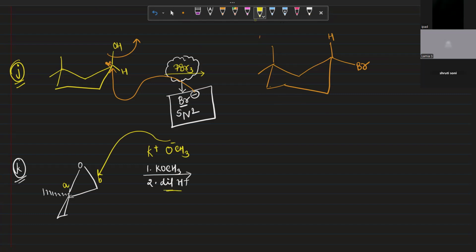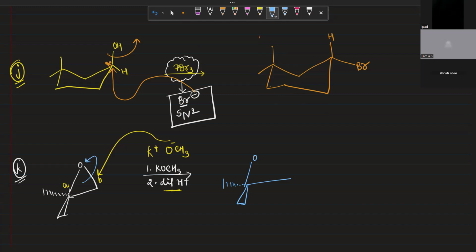But there is a dilute H positive condition. So this is an acidic medium condition, I think. In that case, it would be the more substituted side. But see, the acidic medium is in the next step, the second step. Since KOCH3, the nucleophile, attacks the less substituted side because in the first step there is no acidic medium, this will proceed and this bond will break.